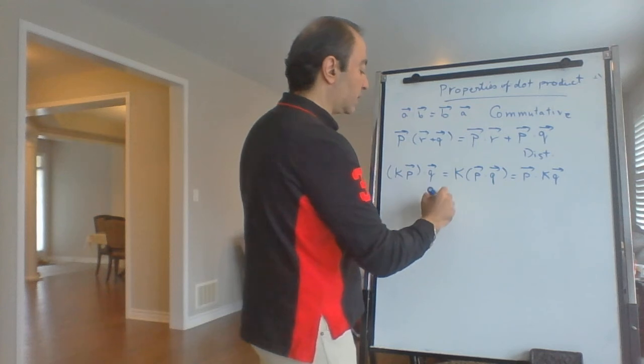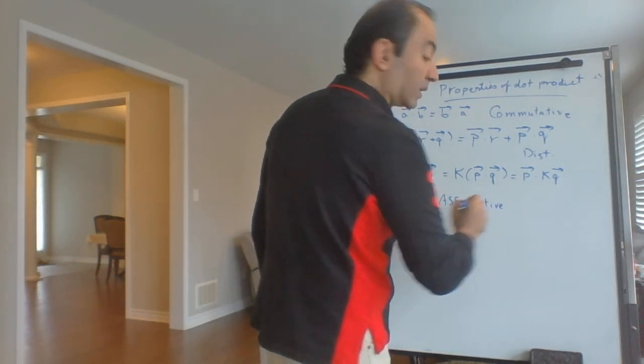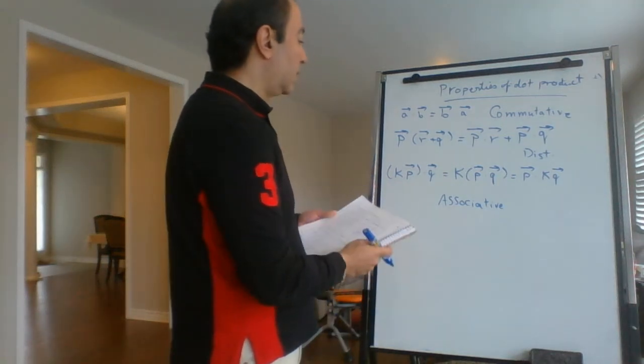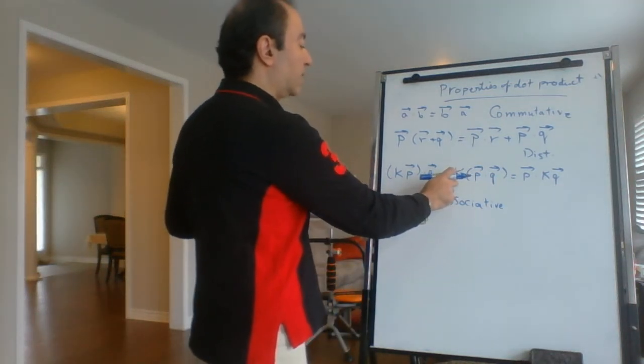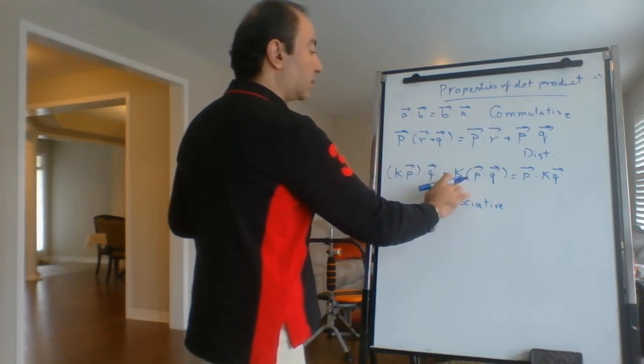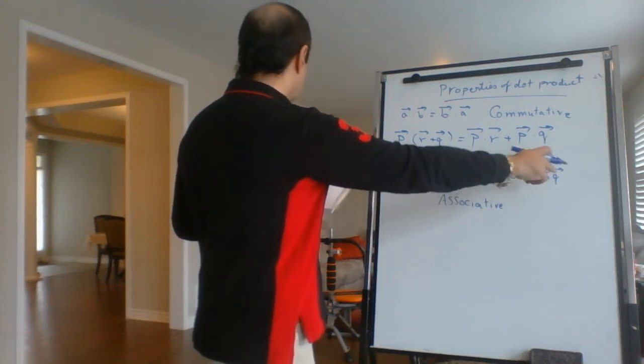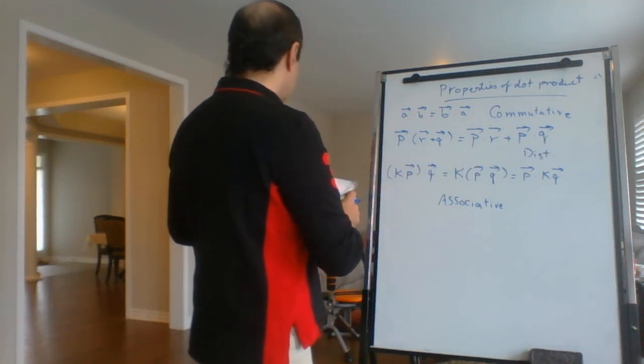It doesn't matter which vector the scalar is multiplied with. I can do the dot product and multiply it with K, or I can multiply the scalar with Q and dot that with P. It doesn't make a difference.